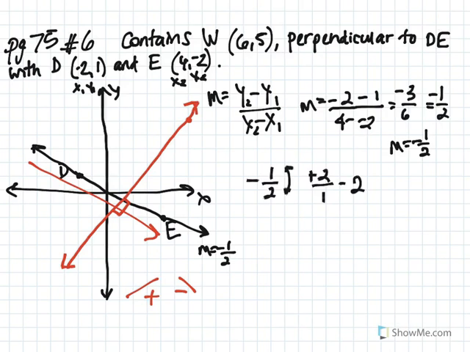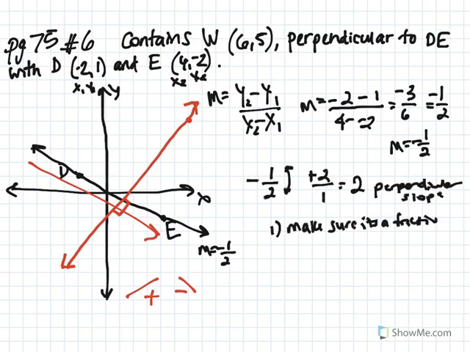So we're going to get +2 is the perpendicular slope. Okay, so there's steps there. First, make sure it's a fraction. So if this wasn't already a fraction, we would have had to put it over 1 in order to make it a fraction, but it's a fraction.